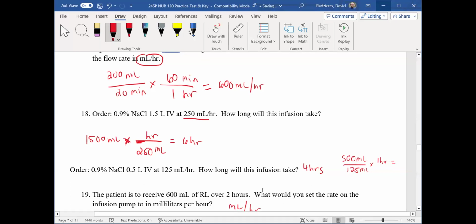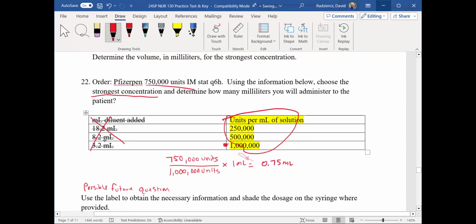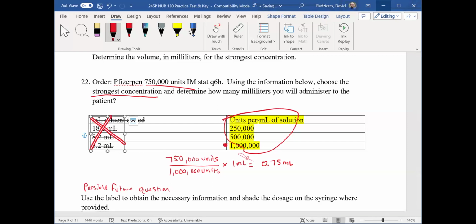You might see, like I said, that Pfizer pen type question. So just be prepared for it and know you just eliminate and cross out that milliliters diluent added. That doesn't tell you. All you're looking for is the units per mil, and that's the information you need in order to solve your question.